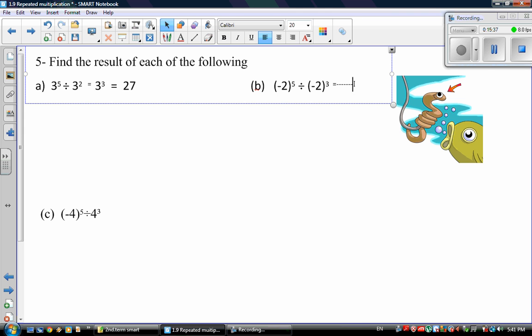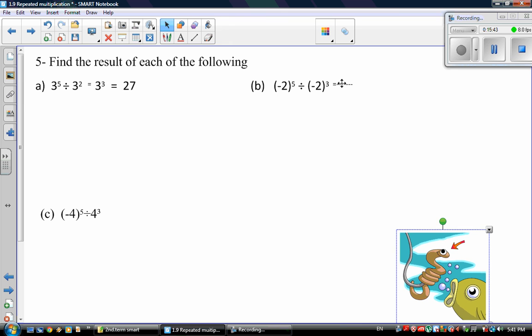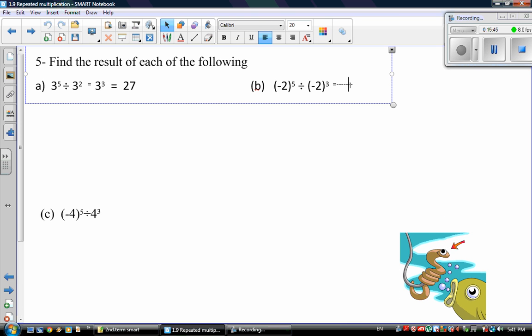Exercise number B. Okay, here look at the two bases. The two bases are the same, so we can keep the base as it is. We write negative 2.